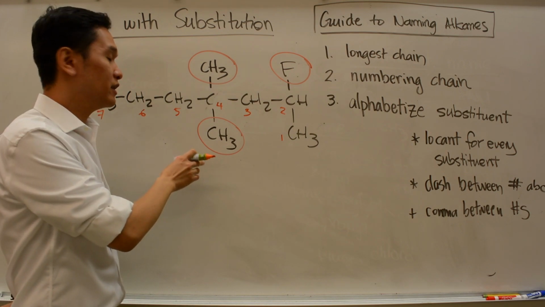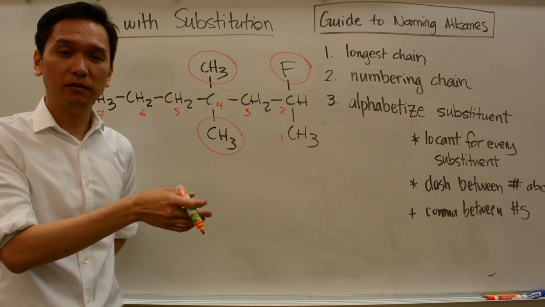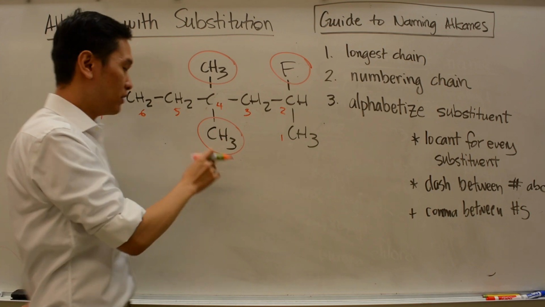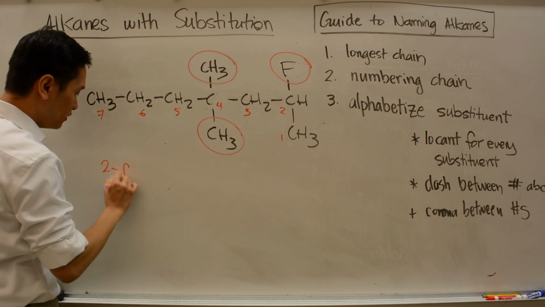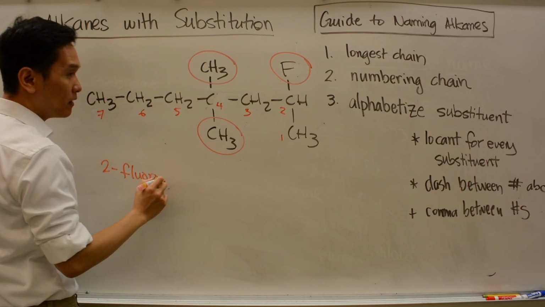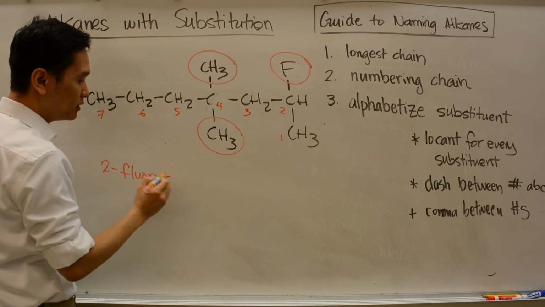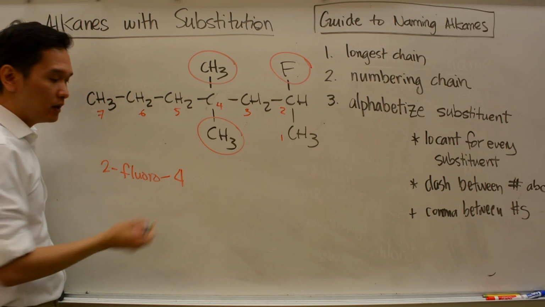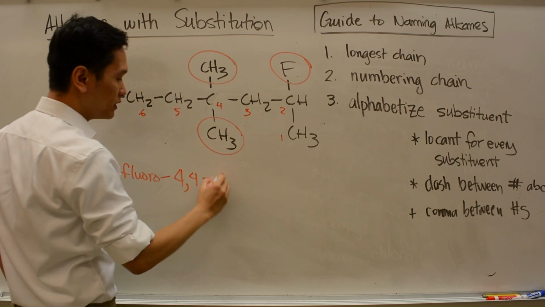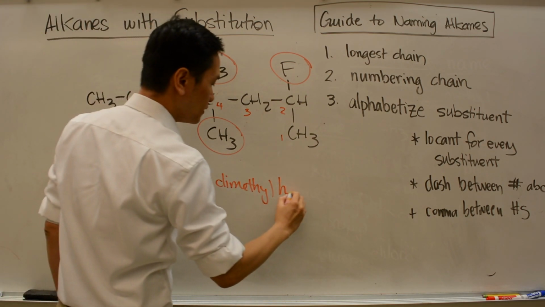Okay, you don't consider this being a dimethyl group and consider di coming before fluoro, D coming before F. You consider the root one, so it's the fluoro coming before the methyl, right? We say 2-fluoro. We have 2 methyls here. Remember that we have to have a locant for every substituent, so just because we have the same number in a substituent doesn't mean we only write 4. We have to write 4, 4. And since there's 2 there, we say dimethyl, and this is again a heptane.